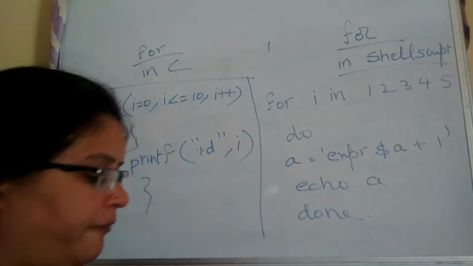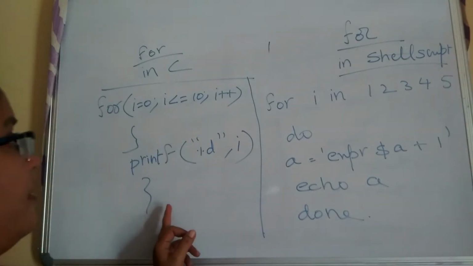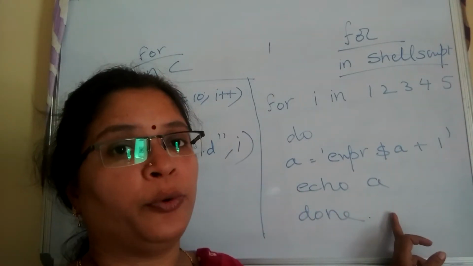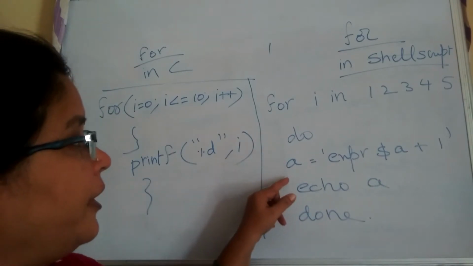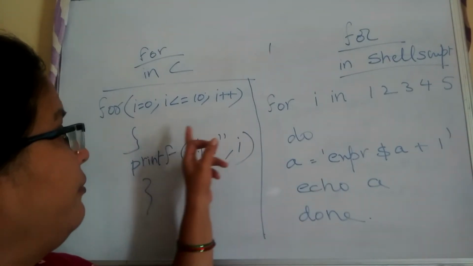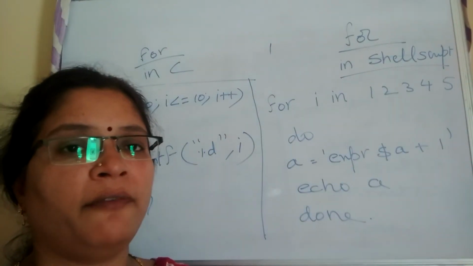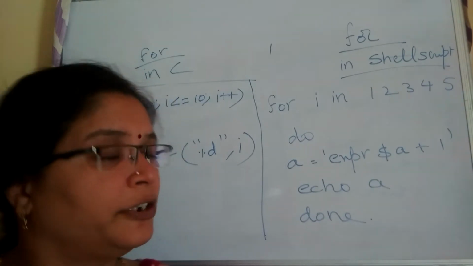In this way we can write a for loop in shell script. This is the way to write a for loop in C. This is the way to write a for loop in shell script, where the initialization and condition are done in the loop itself in C, but here we iterate over the list of values we have given. This is the way to represent the for loop in shell script.